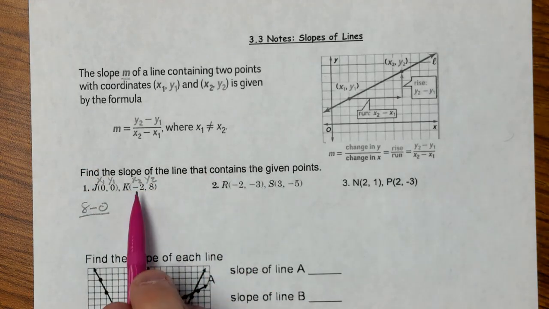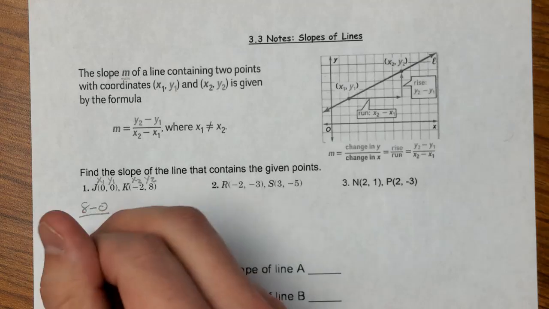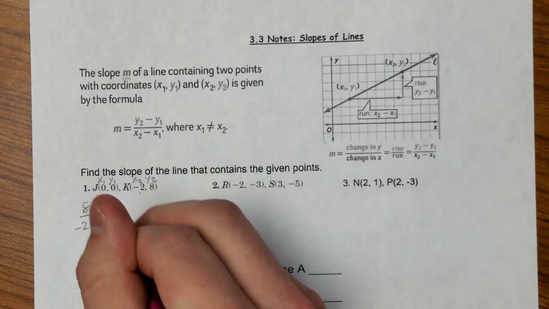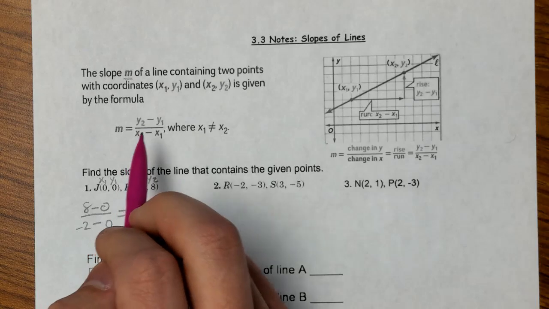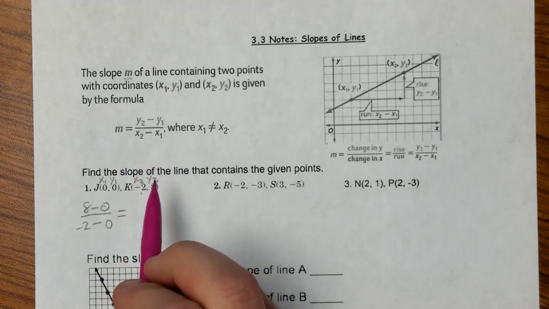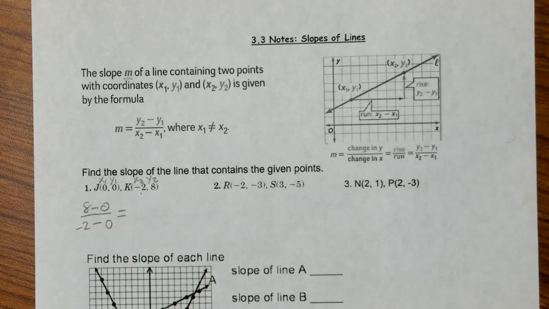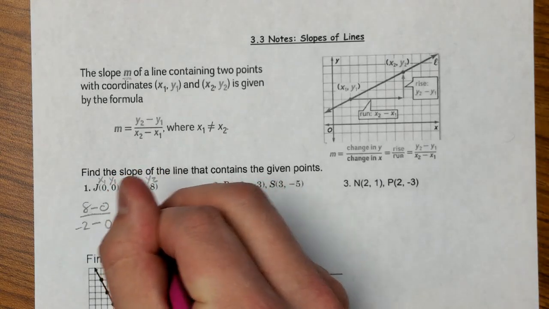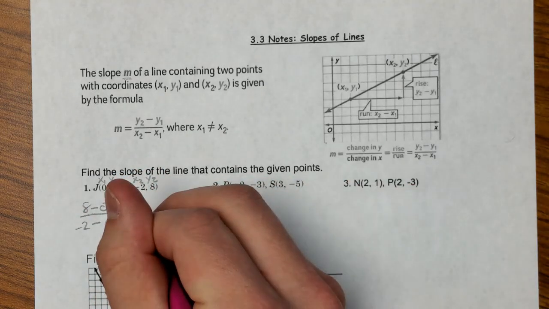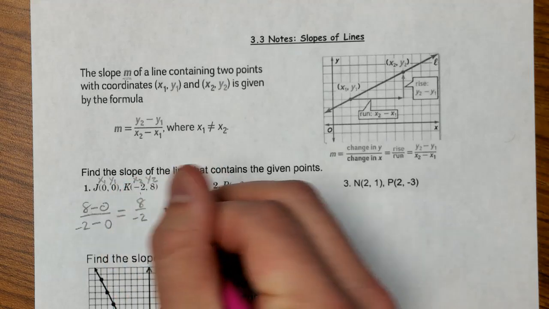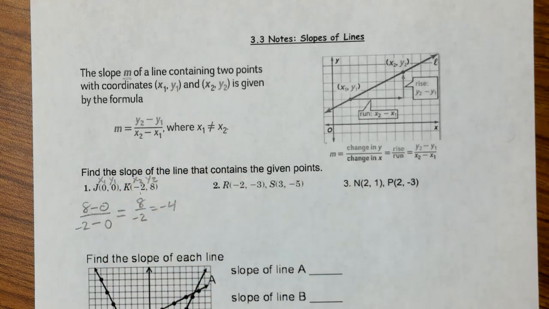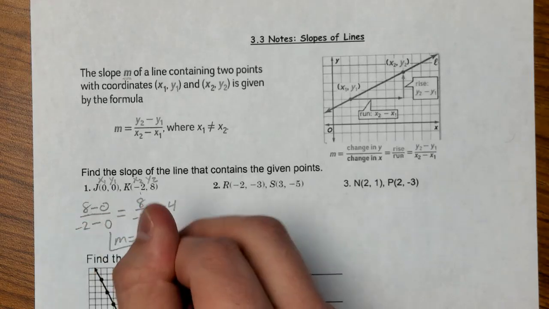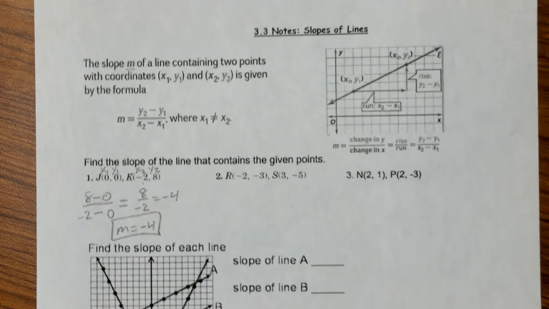X sub 2 is negative 2 minus x sub 1, 0. So all I did is follow my exact formula, and I took whatever I had labeled and plugged it into those spots. 8 minus 0 is 8. Negative 2 minus 0 is negative 2. This simplifies down to negative 4. So I have M, a slope of negative 4 for this question.